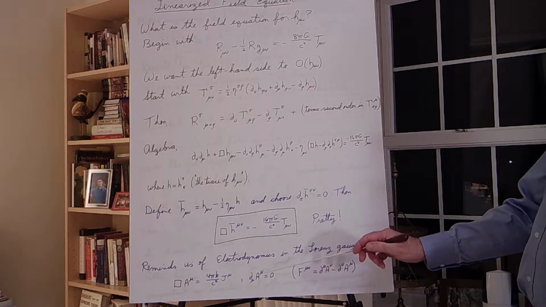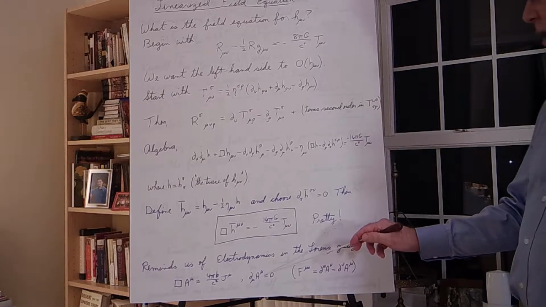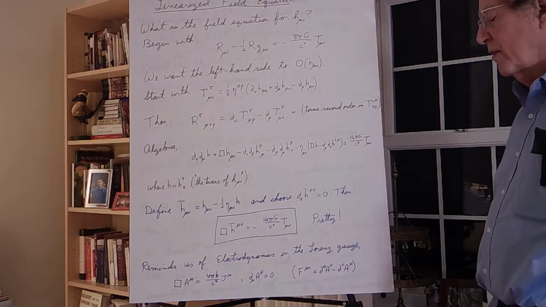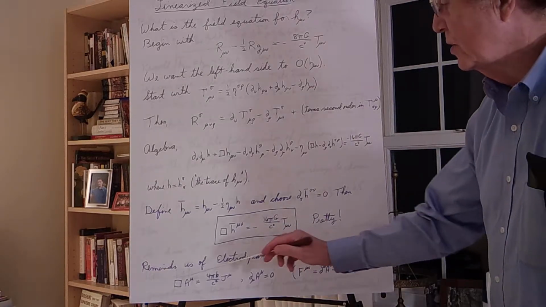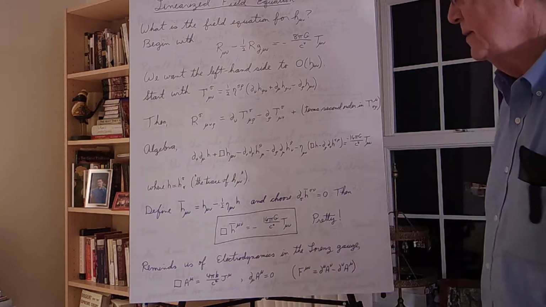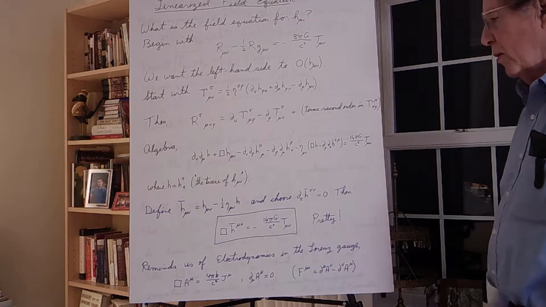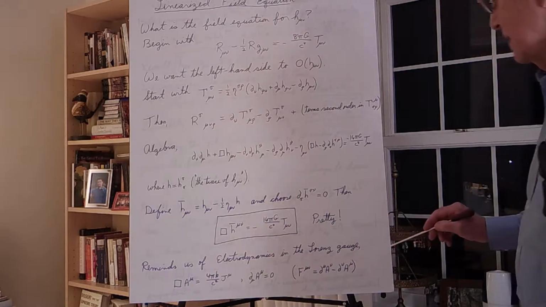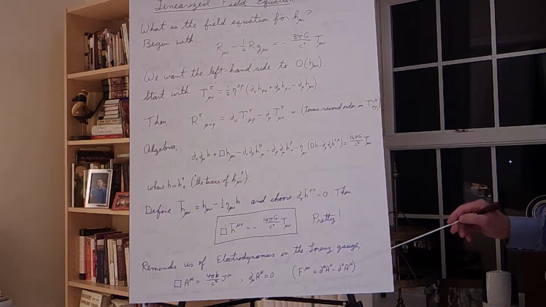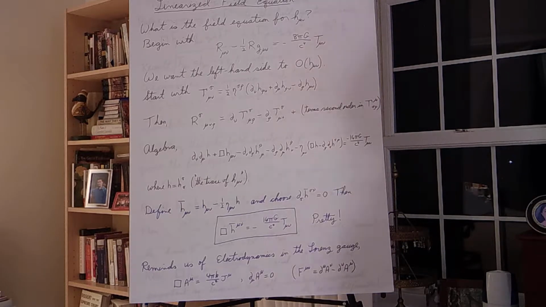If I choose the Lorentz gauge in electrodynamics, I get a very simple wave equation: the wave operator on A mu is equal to J mu. And remember, from A mu I get physics by taking the four divergence and then making the electromagnetic tensor.